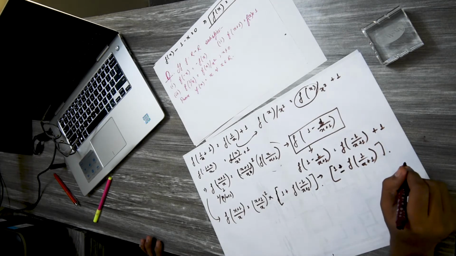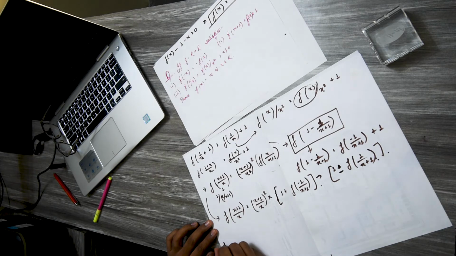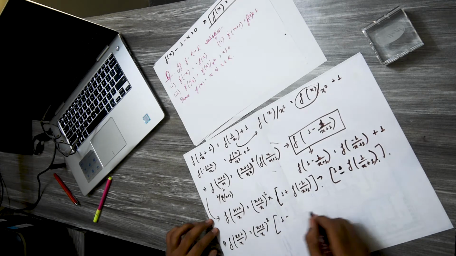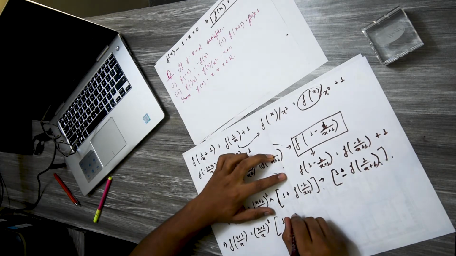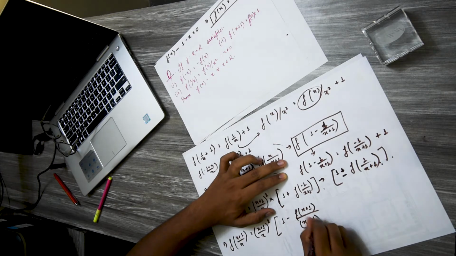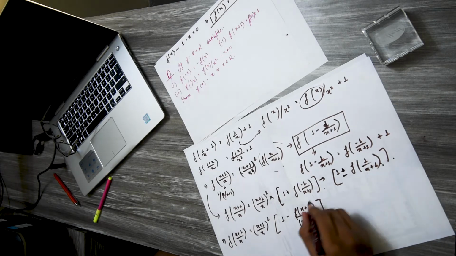Then we'll again use the third identity over here to make the equation look like this. This is in the form of 1 by x, so we'll just put this f of x plus 1 divided by (x plus 1) whole square. Yes, and now we're getting there.